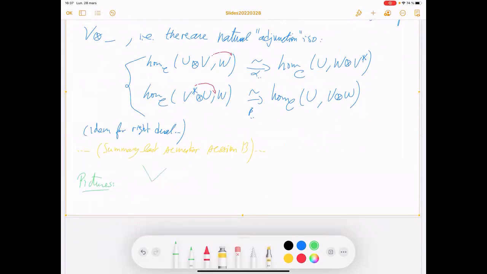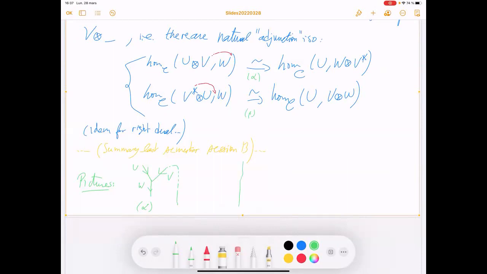So you have U, V, W, and you do like that. U, V. You are doing like that. So this is alpha, this is the first. Let me write alpha, beta.